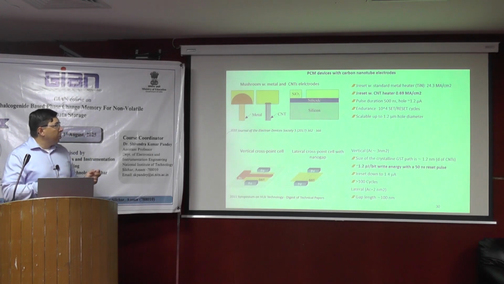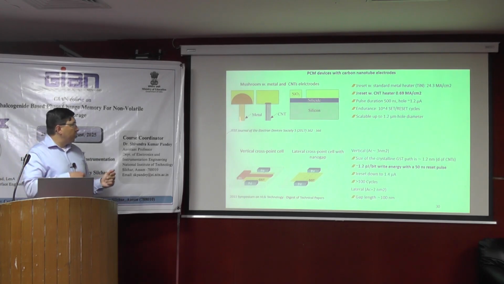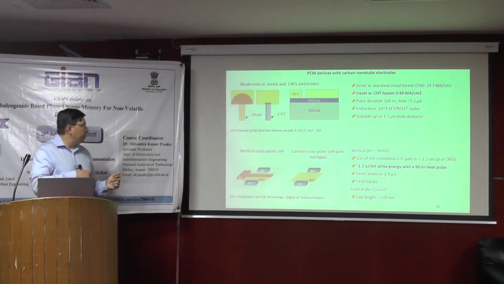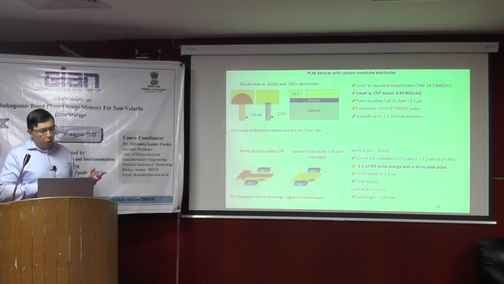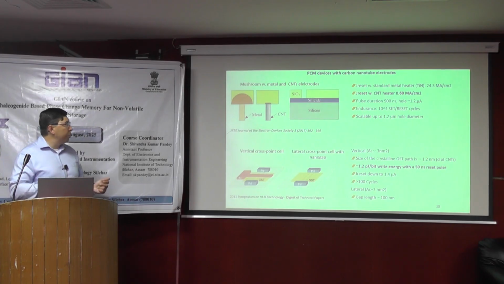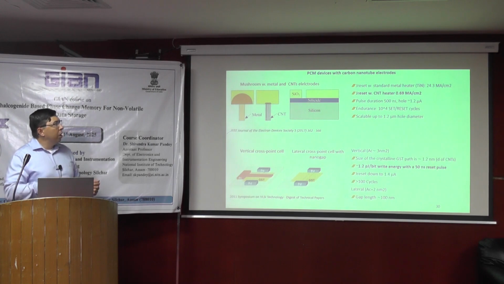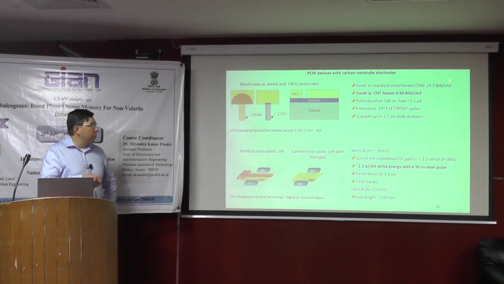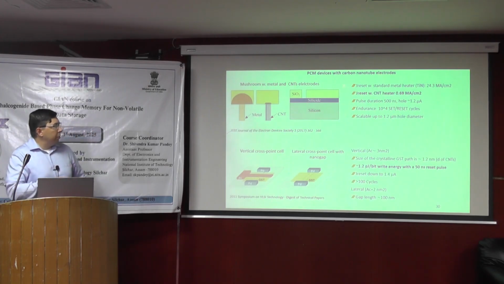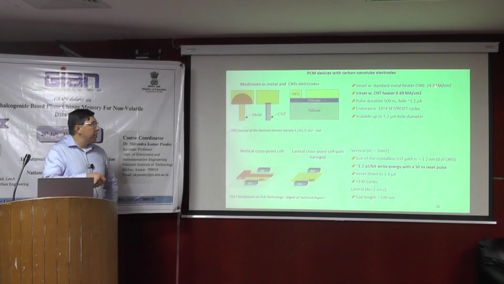And just to improve the properties of the heater, you can use nanomaterials like CNT. These are carbon nanotubes, and you can integrate them in the device. So if you use a standard titanium nitride heater, you get a current density for switching of like 24.3 mA per square centimeter.